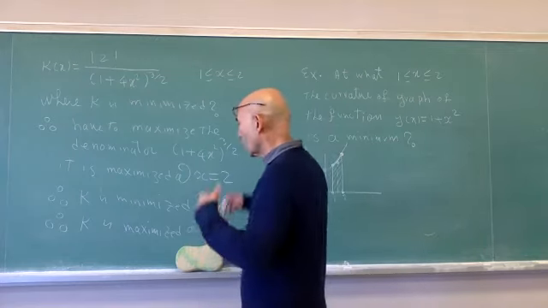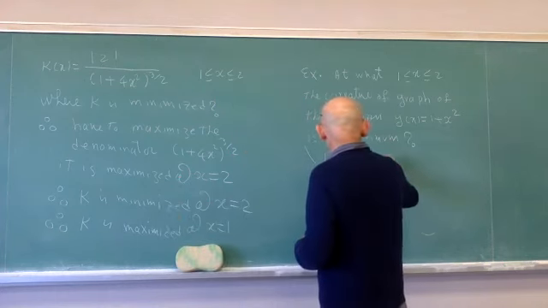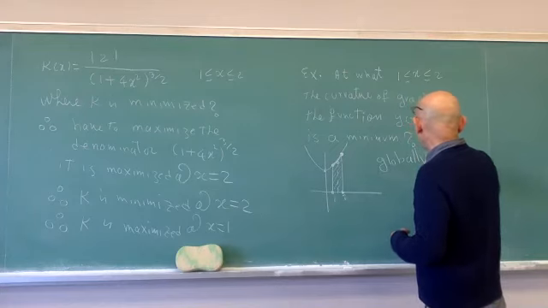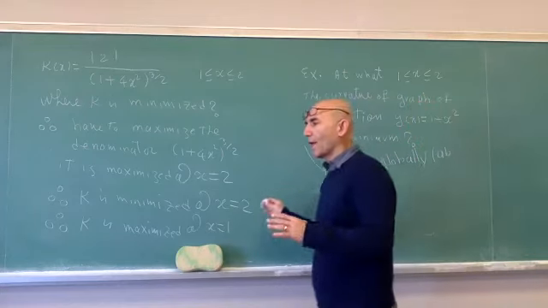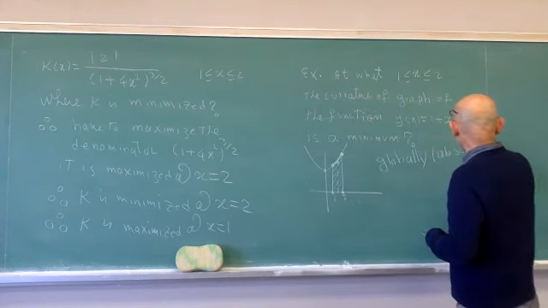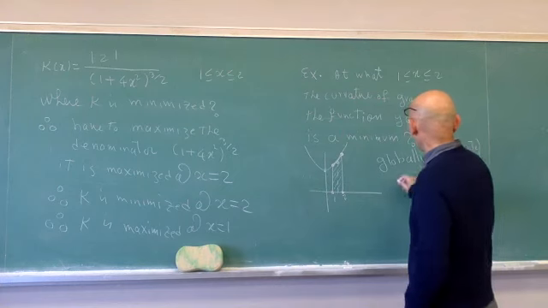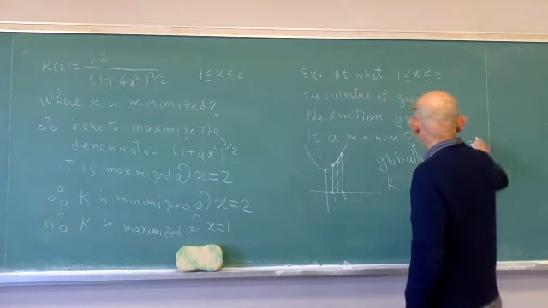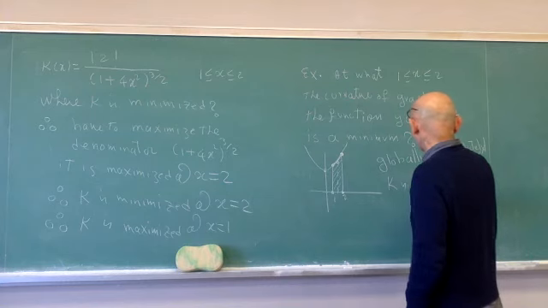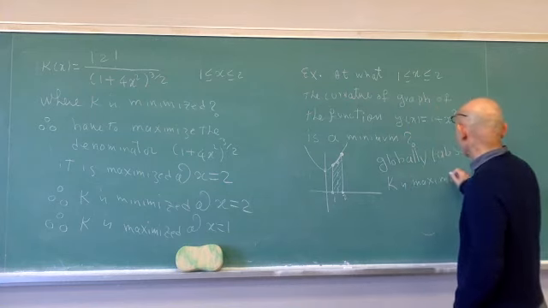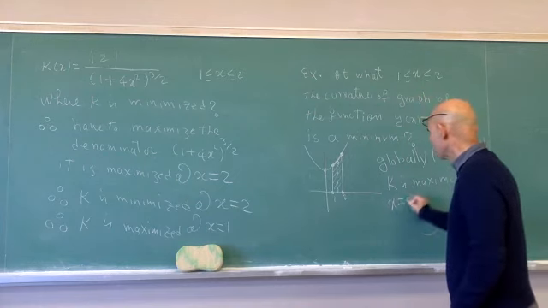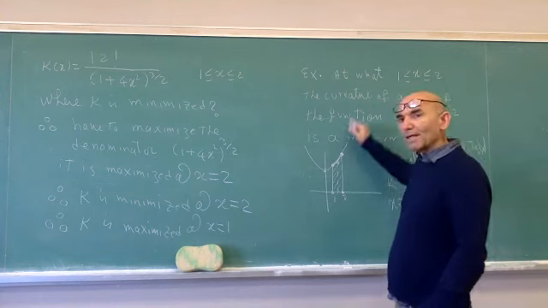So let me write it globally then. This is about local and absolute issues, right? Globally or absolutely, I would say K is maximized at x equal to 0, and it's minimized at infinity.